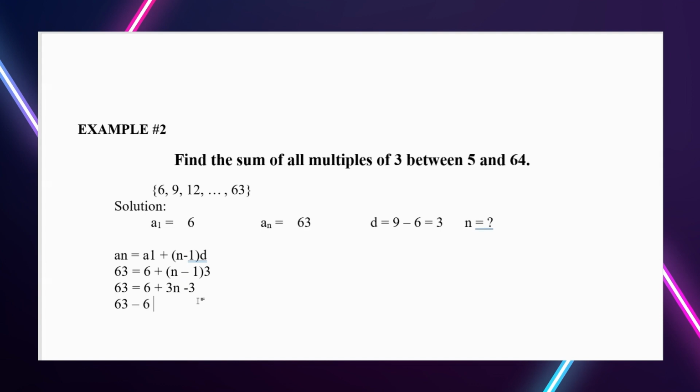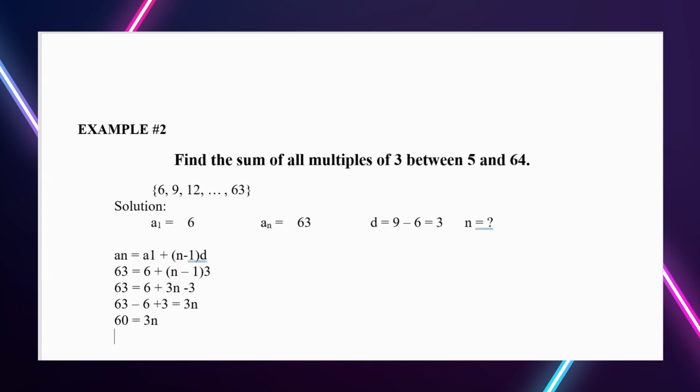Transpose natin ang negative 3, magiging positive 3 is equal to 3n. Simplify. 63 minus 6 is, very good, it's 57 plus 3 is equal to 60 is equal to 3n.